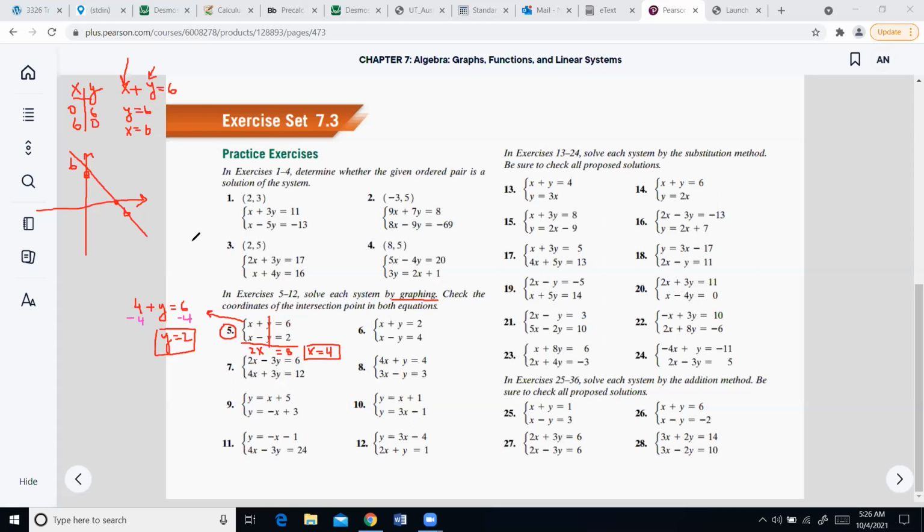I get the first line. And then I graph the second line analogously. So it's x minus y is equal to 2. I'm again going to use zeros for x and for y. I plug 0 in instead of x in here, and I get that minus y is equal to 2, right? Because x disappears, so y is going to be negative.